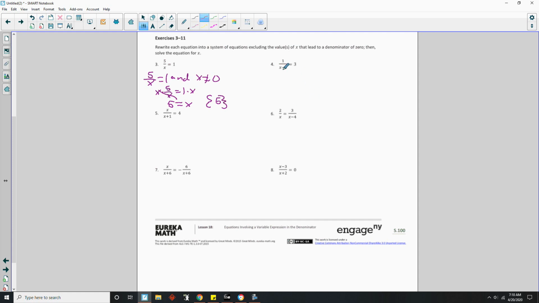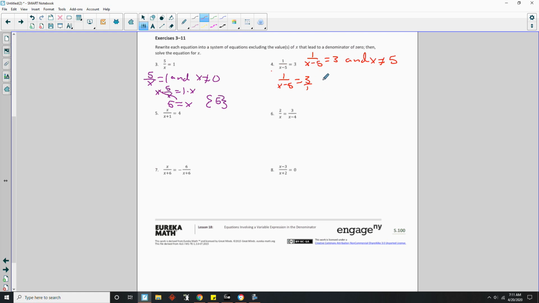Okay, number 4. My statement would be 1 over x minus 5 equals 3, and x cannot equal, and what makes this bottom 0? 5. And then solve. 1 over x minus 5 equals 3. Think of that as 3 over 1.